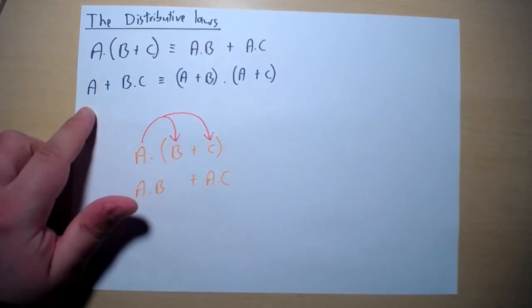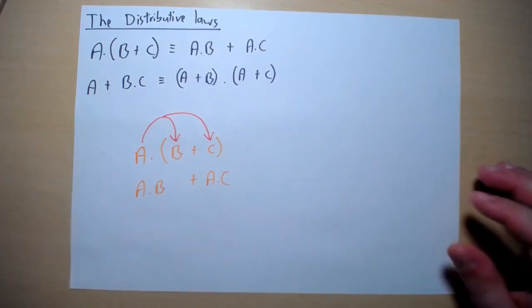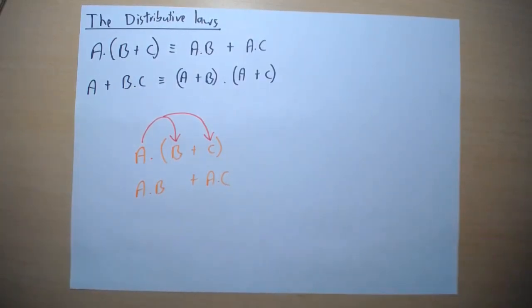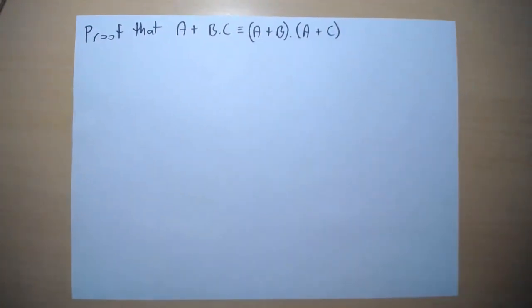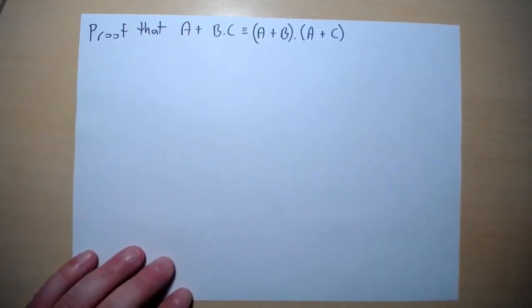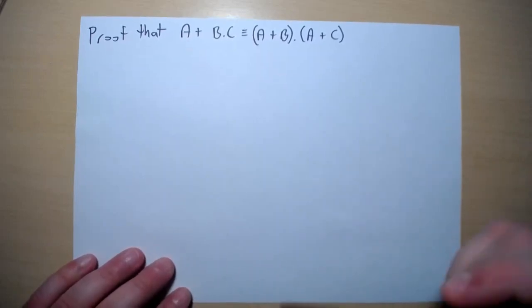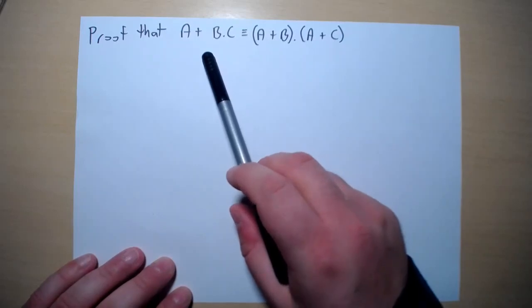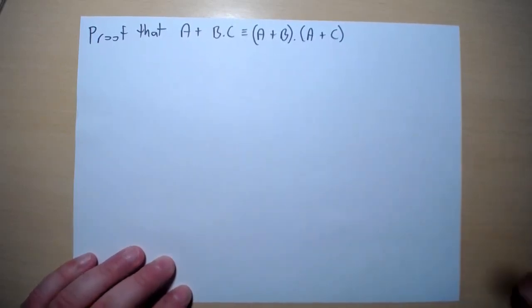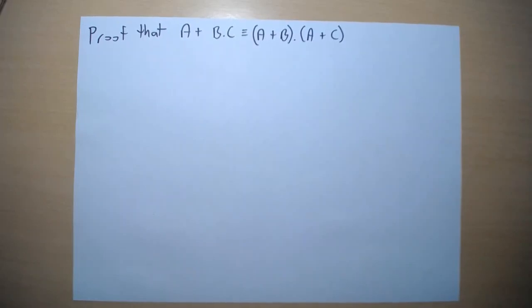For the second one, we have to do a proof using Boolean expressions. Therefore, here I am going to prove this law. Now, whenever we have to do a proof, we always start from one of the sides. We use the laws of Boolean algebra and we try to arrive at the other side.